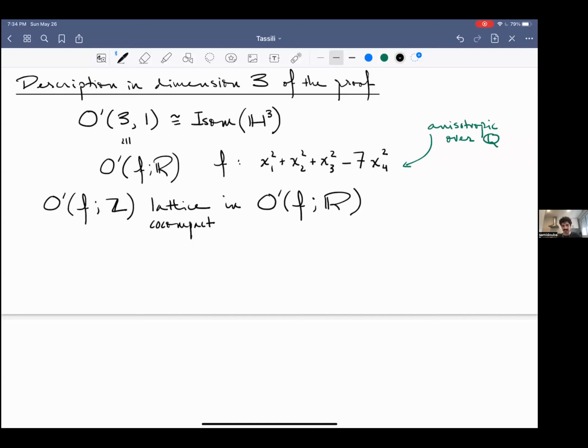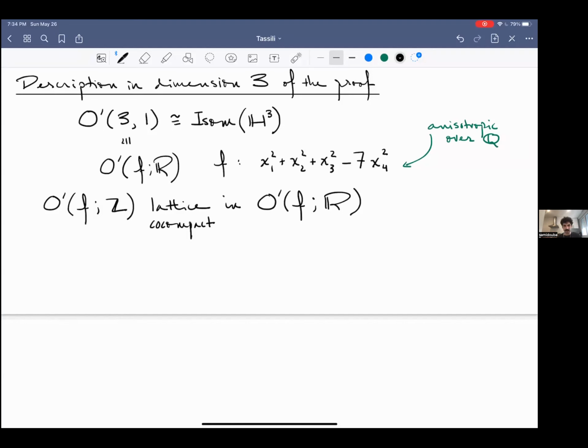When I say anisotropic, I mean that if you have rational numbers that evaluate to 0 in this quadratic form, then they have to all be 0. And then it's a fact that this will give you a co-compact lattice. So the quotient of H3 by this group will even be compact.